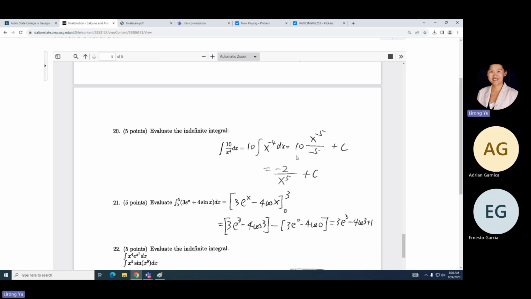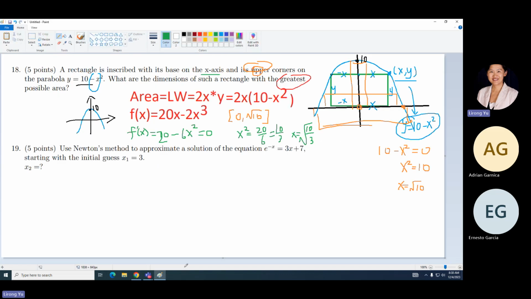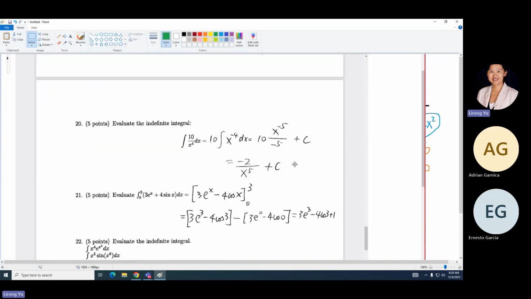-3, yes, that's right. So basically, the power was applied correctly here. So according to the power rule, the power is -4. So the power plus 1 will be -4 plus 1, which should be -3.